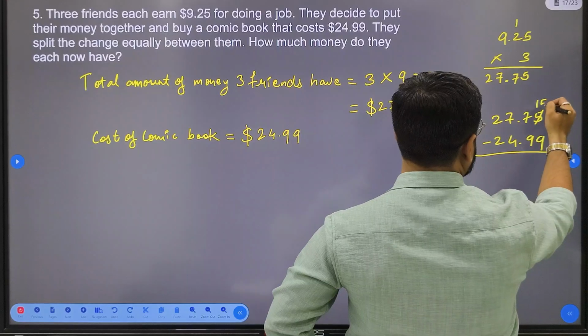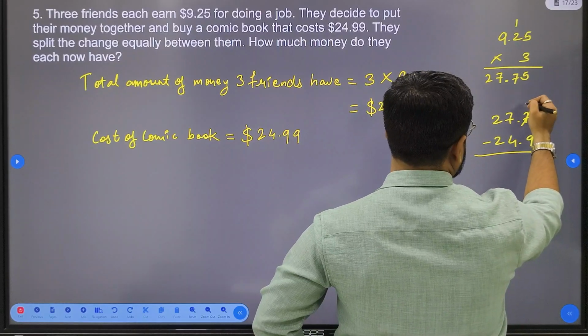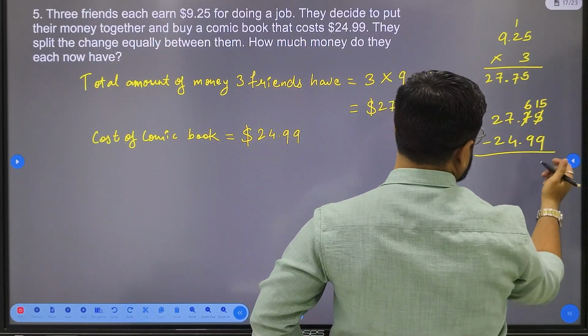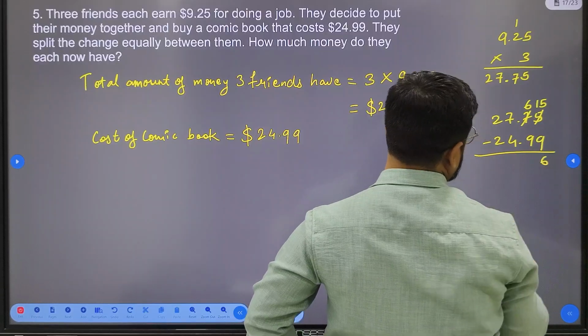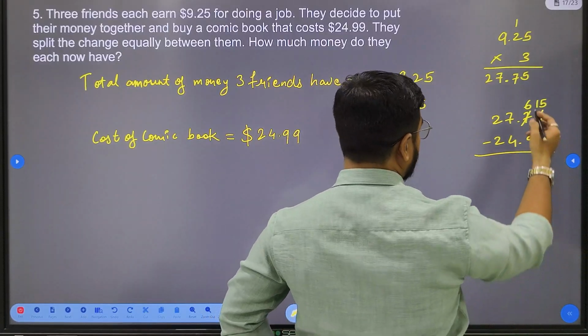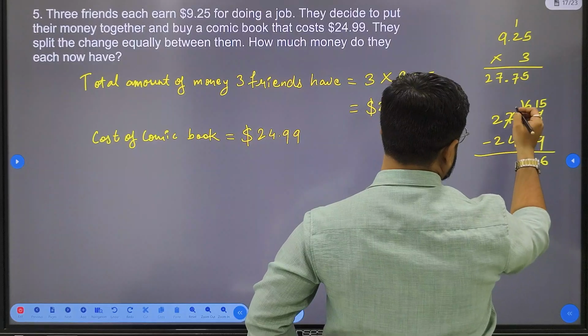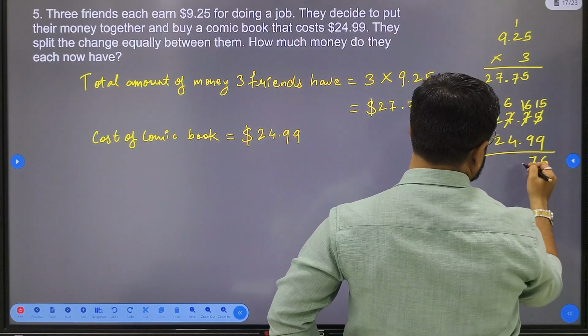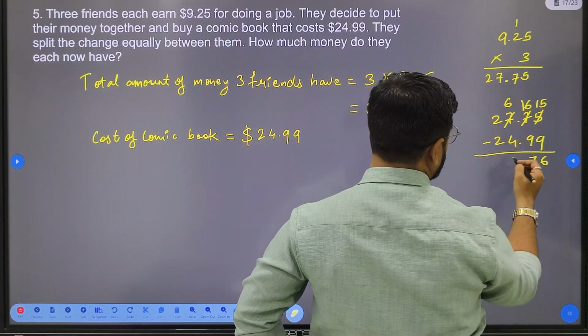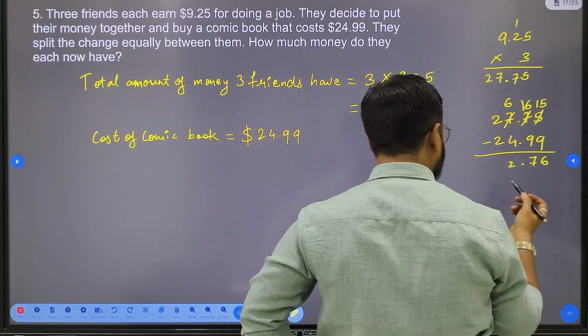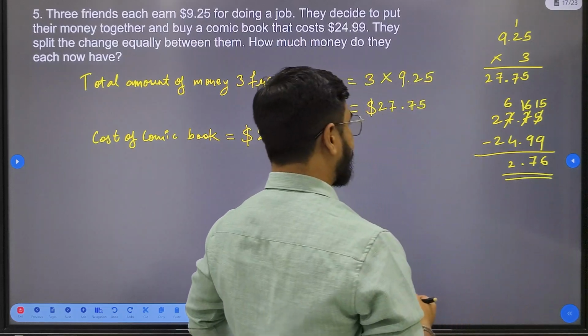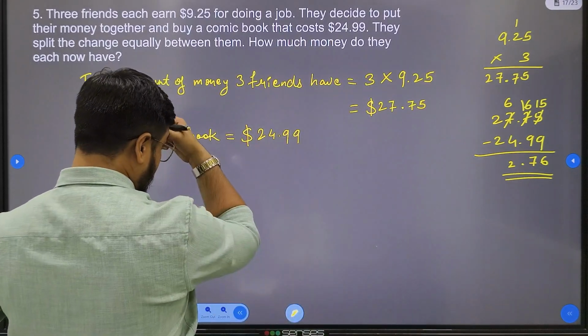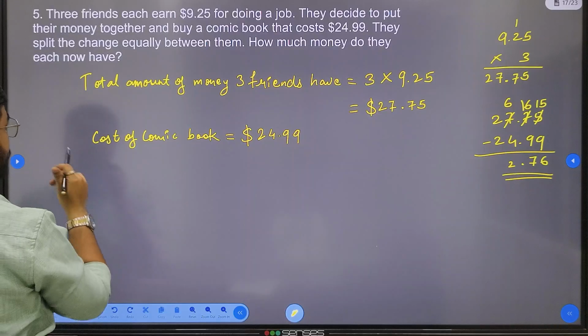So this is going to be 15 and this will be 6. 15 minus 9 is 6. 6 minus 9 cannot happen, so this will be 16 and this will become 6. 16 minus 9 is 7. The point comes down. 6 minus 4 is 2. 2 minus 2 is 0. They are left with together $2.76.